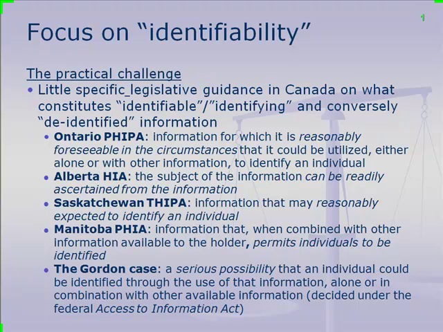Manitoba says information that, when combined with other information available to the holder, permits individuals to be identified. So I think maybe that phrase, available to the holder, is an indication of one factor that you may want to look at in the contextual circumstances.